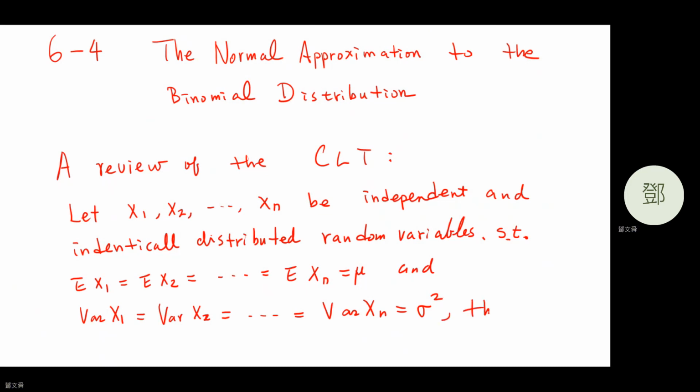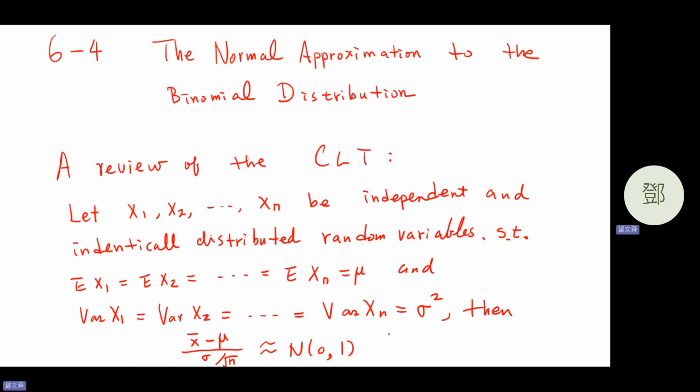Then x bar minus mu divided by sigma over the square root of n is approximately normal. Very close to the standard normal.